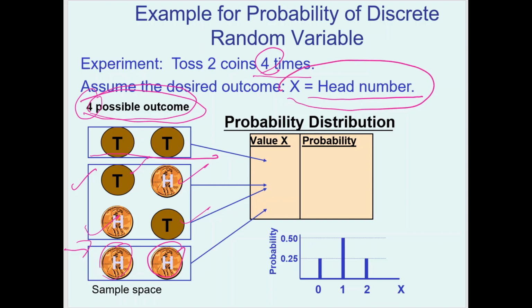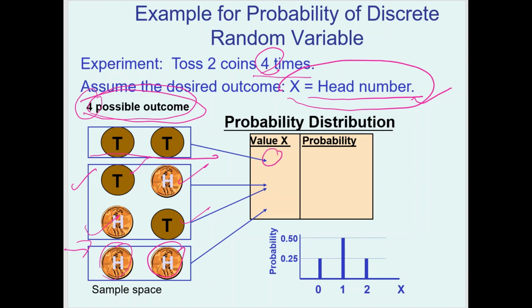After we list out all the possible outcomes, we need to make a table, which involves the probability distribution. We have the value of x. What is the value of x? Because here we assume the desired outcome is x equals the head number, the value of the head number can be 0.